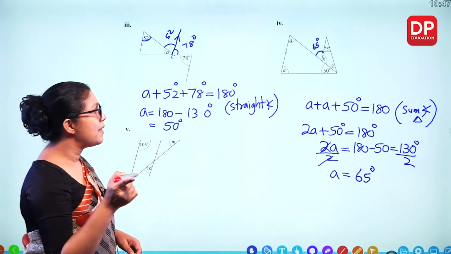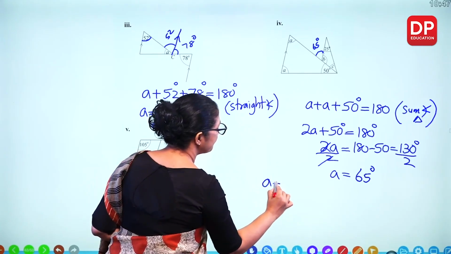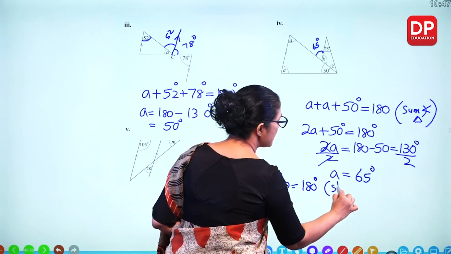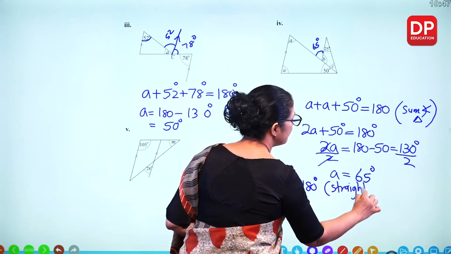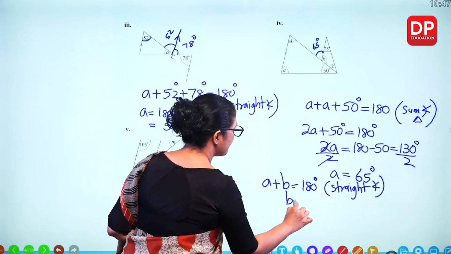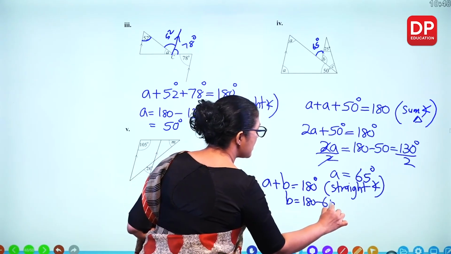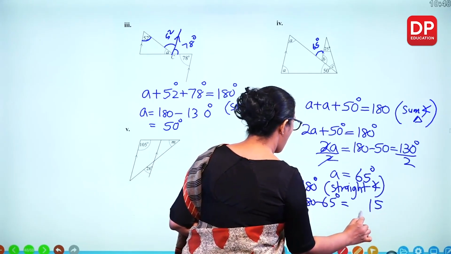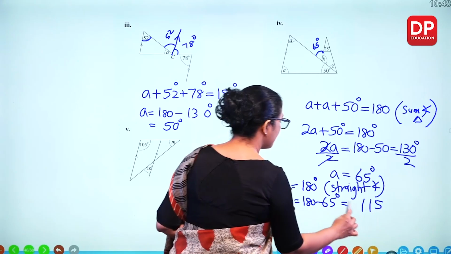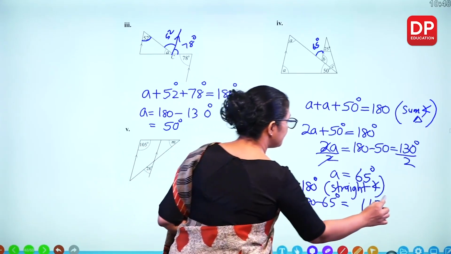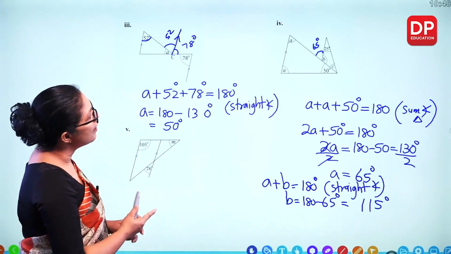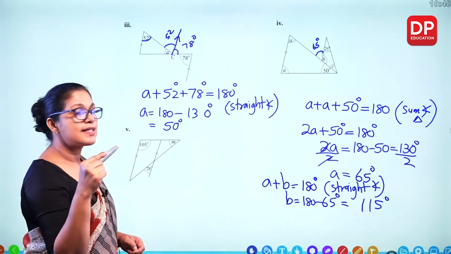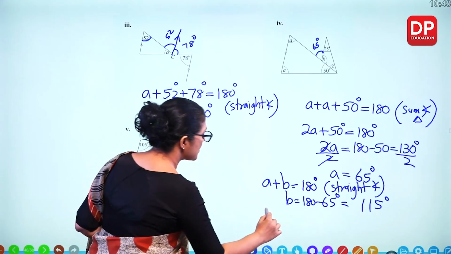Now we can find out the b angle. B plus a plus b is 180 because of the straight angle. So what's b then? 180 minus 65, you get 115. B is 115. Now we found out 115 is there, 25. So you can find C using the sum of angles in a triangle. So what's C?